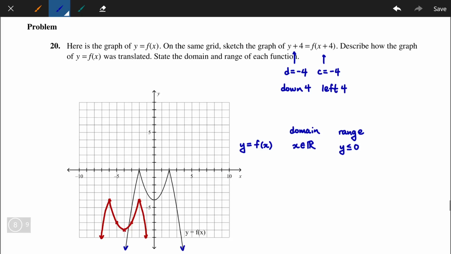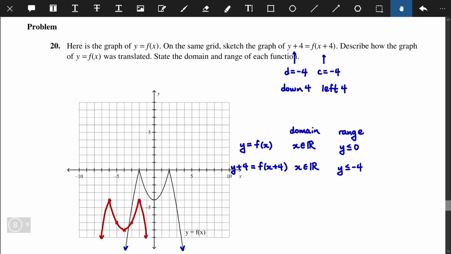Afterwards, we have the transform graph y plus 4 is equal to f of x plus 4. So the domain does not change because of the translation, but the range does. The graph was moved down 4 spaces, so the range will now be y is less than or equal to -4. Okay, and that's it.